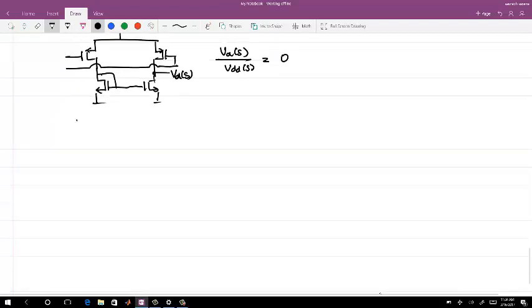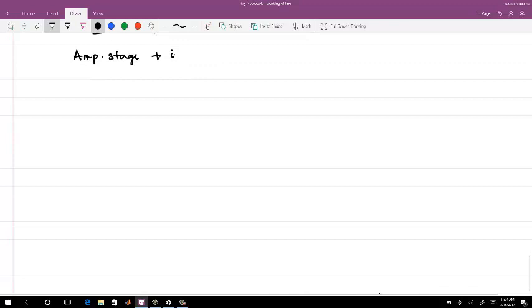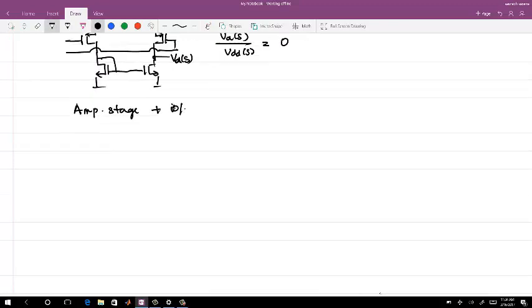Now you see the combination of the amplifier plus output stage, not input stage. Your output stage, you're considering for regulation.